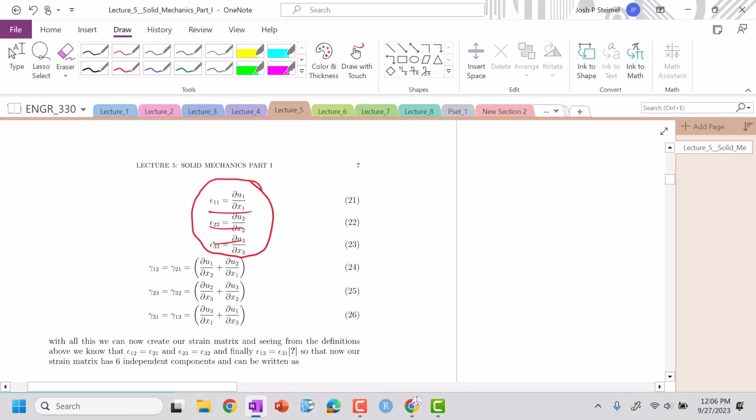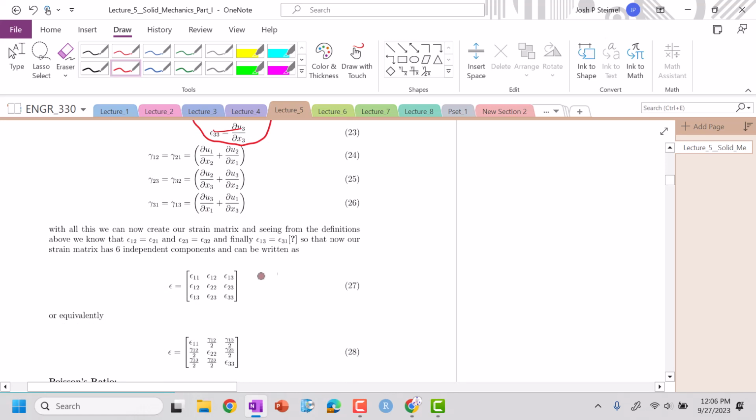But our tensorial definition, epsilon 1,2 for example, is equal to gamma 1,2 over 2.